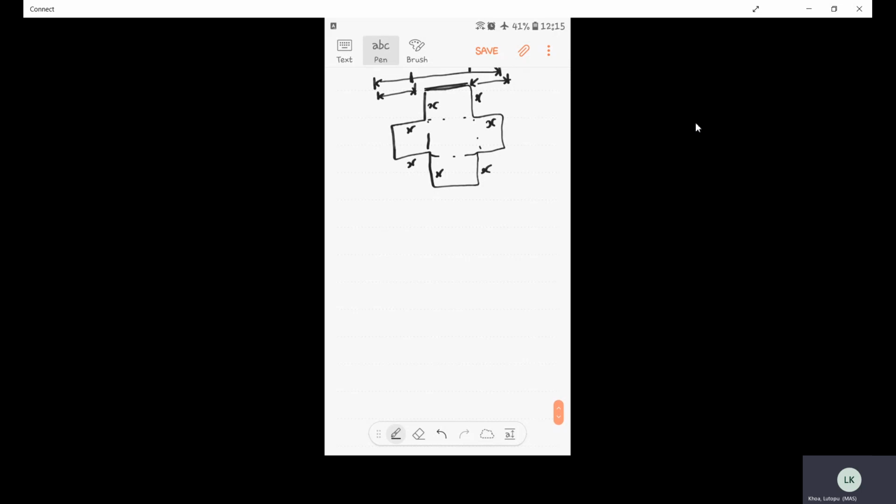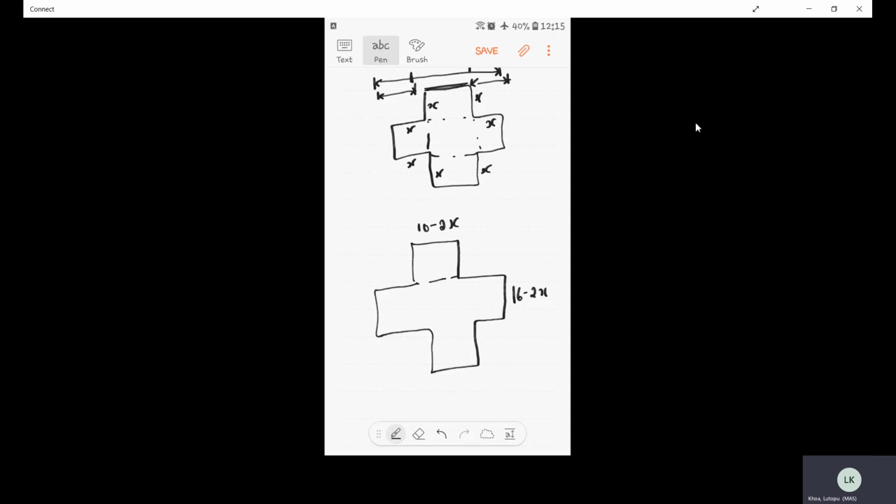So let me write it over here. Okay, so you will have here 10 minus 2x over there. And then in the same way, this side you will have 16 minus 2x.